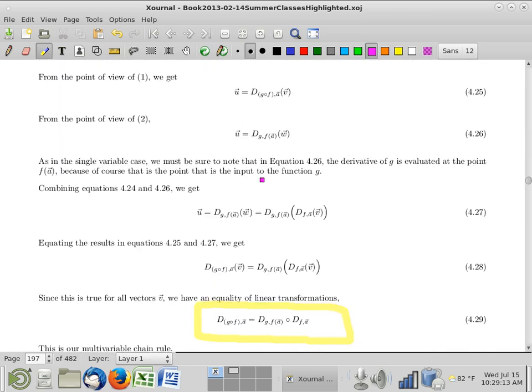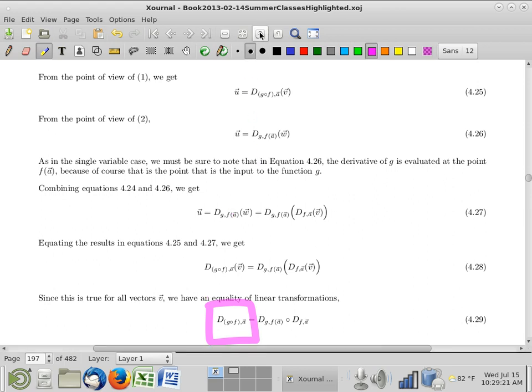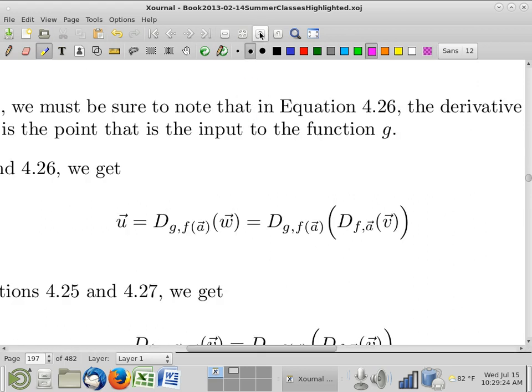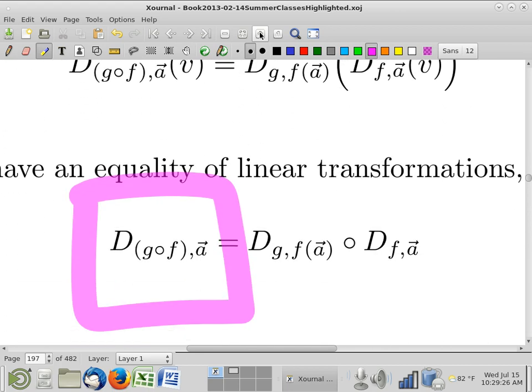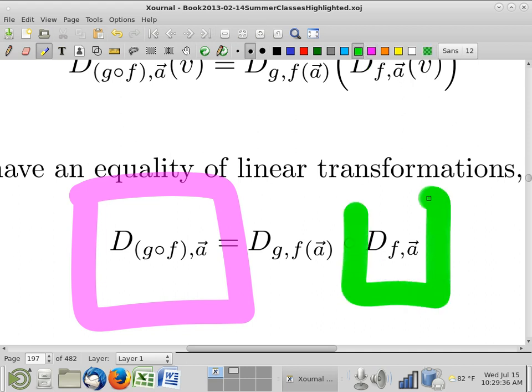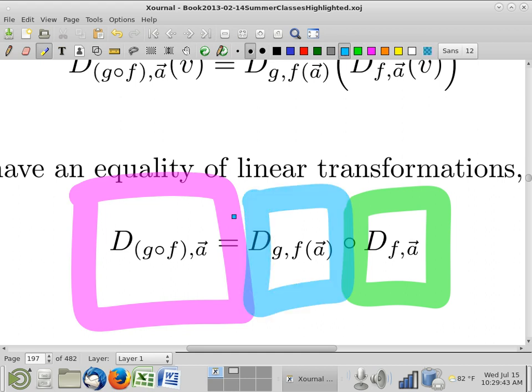expected punchline, and that is the derivative of the composition. Actually, let me zoom in on this. The derivative of the composition, in other words, the thing that you do to get from the first vector to the last vector, is first go from the first vector to the second vector, and then subsequently go from the second vector to the third vector.